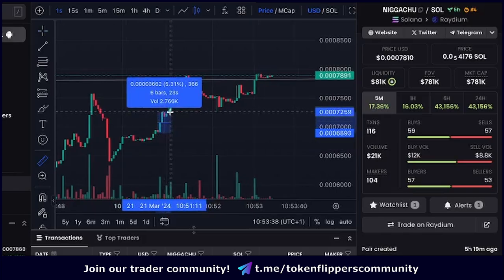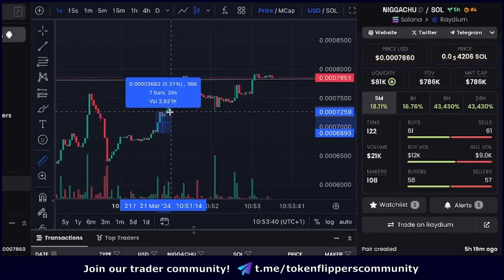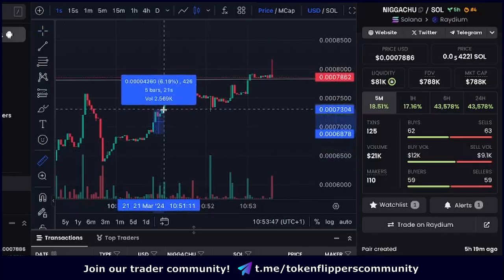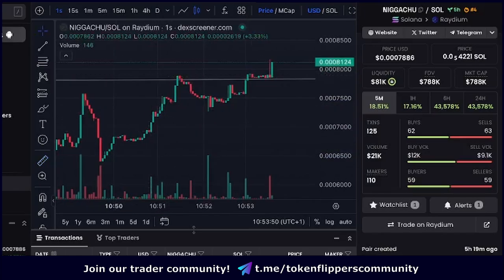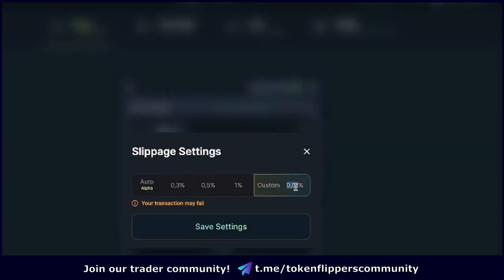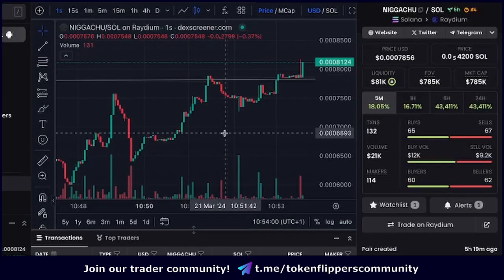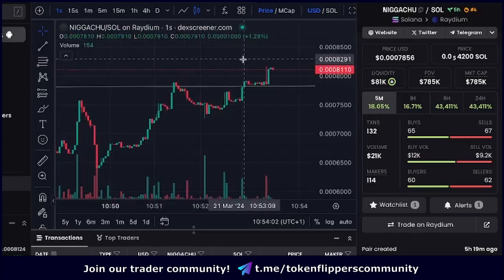You can see that in that 5 seconds time frame, we moved 5.3%. Sometimes it can be more, but let's say this is the average. So I would go to the DEX and put in 5.5%. Then it is tailored to the average movement that we see in this token.